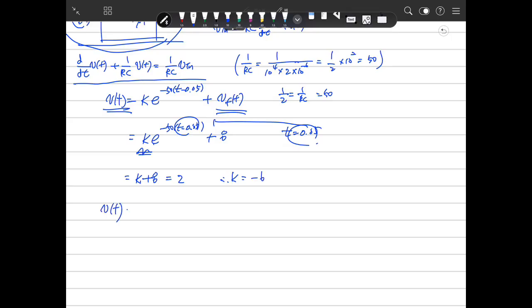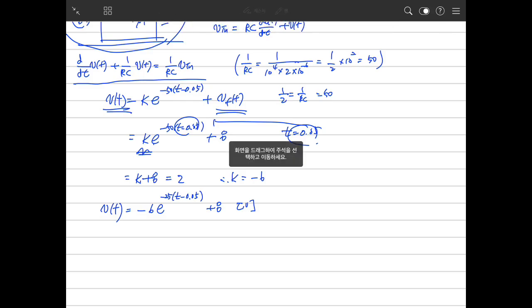So the complete solution of Vt is minus 6 exponential minus 25, okay, minus 25 (t minus 0.05) plus 8 volts. That is the solution over here.